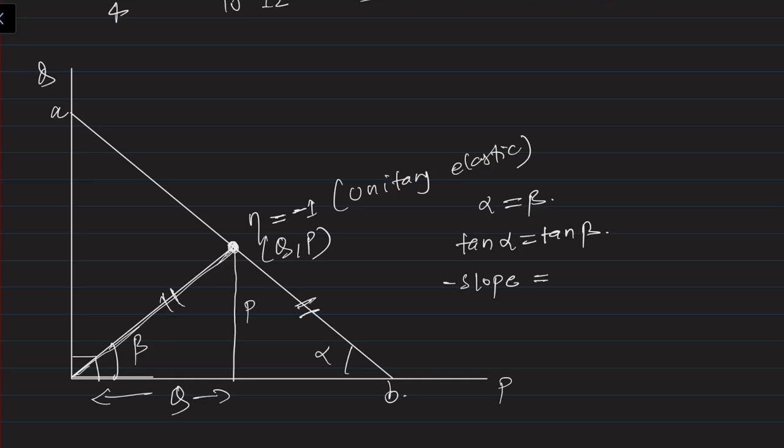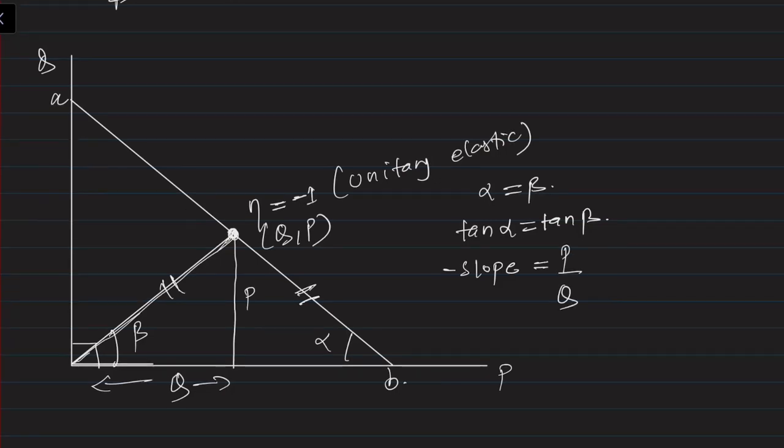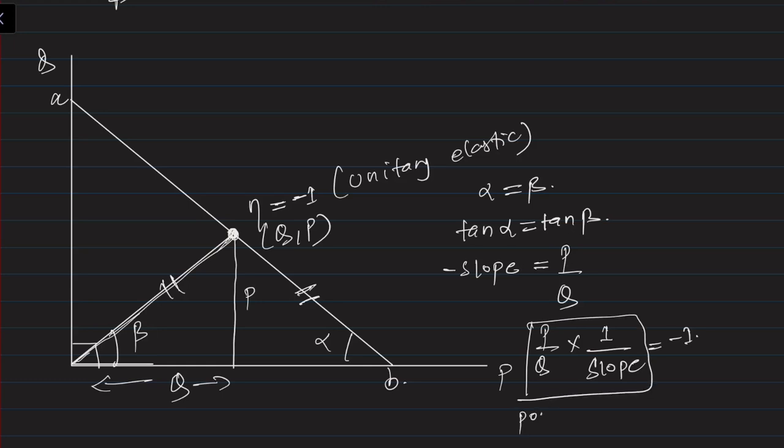So tan beta is P over Q. Now let's bring the slope to the right side. So P over Q times 1 over slope is equal to -1. Now this quantity is point elasticity, which is equal to -1.